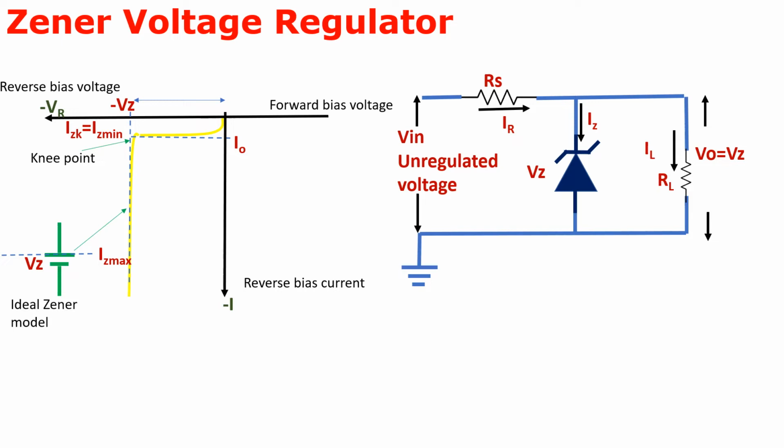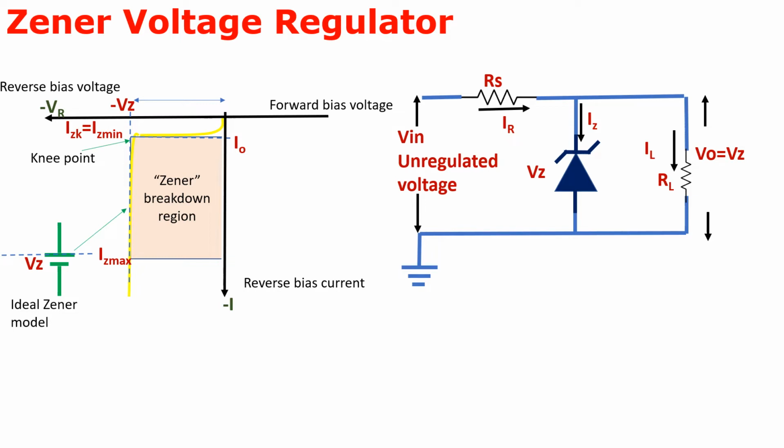So if my Zener diode is operating in the Zener breakdown region, it requires a minimum Zener current Iz min to enter the breakdown region, and it can maintain the same voltage till it reaches the current value Iz max. So my Zener diode can regulate the output voltage if the current passing through the diode is between Iz min and Iz max.